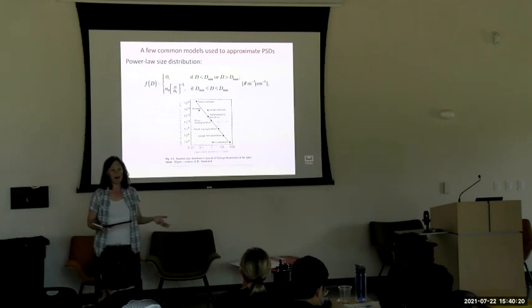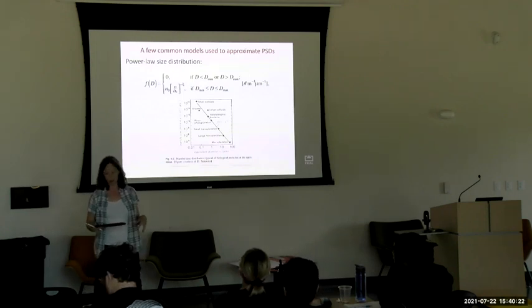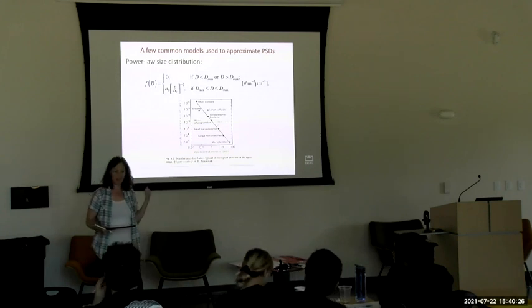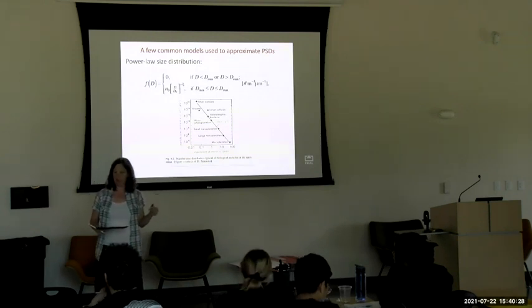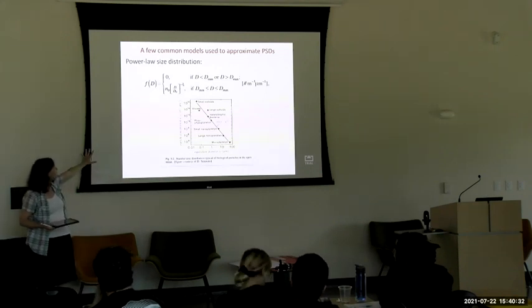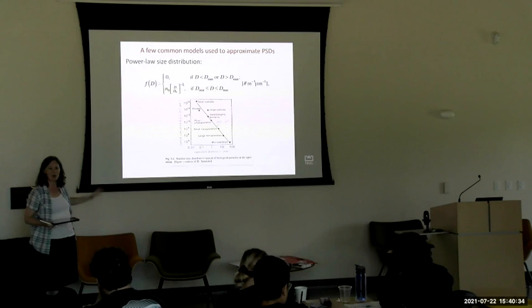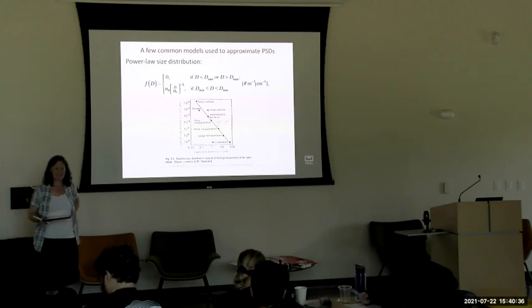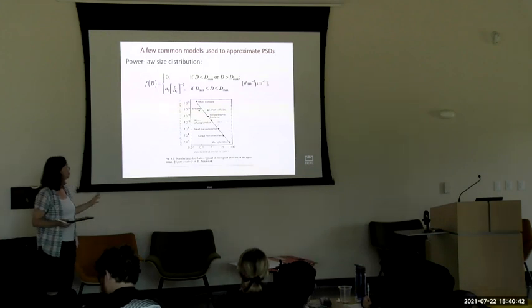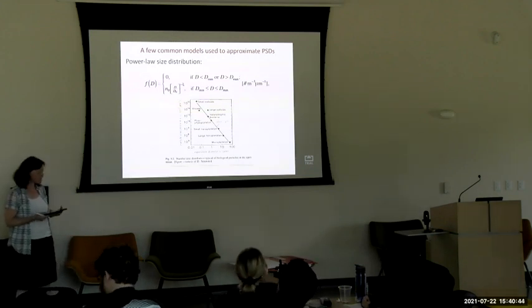So there's a lot of models that people use to represent particle size distribution. One of them we have spent a bunch of time talking about in a few lectures. So this is the power law size distribution. In some older papers you might see it called a hyperbolic size distribution, but it's not a hyperbolic function. So, power law size distribution.